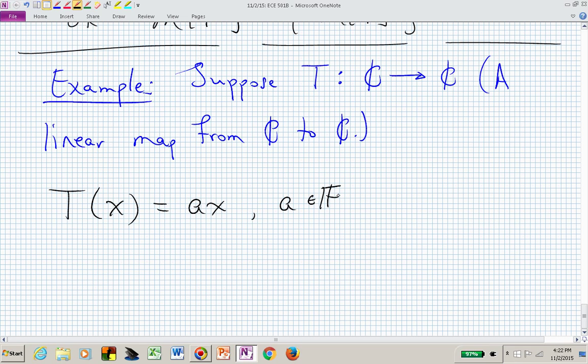A could be real or complex, but let's keep it complex. And x is also complex.